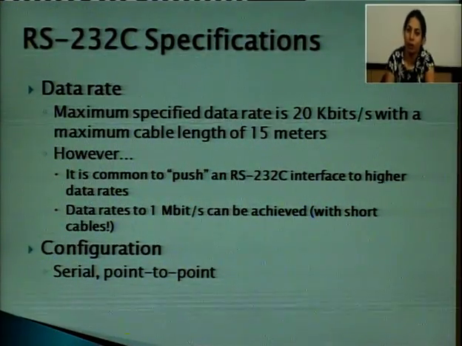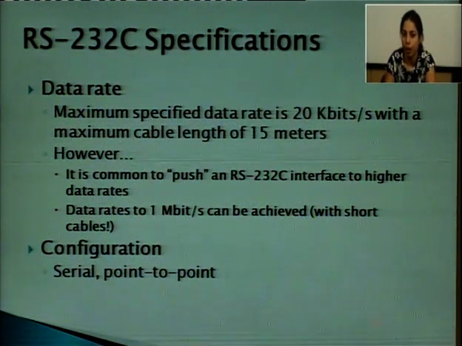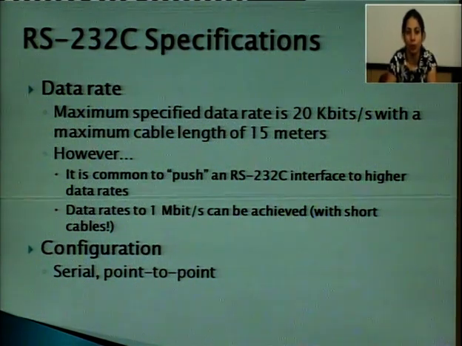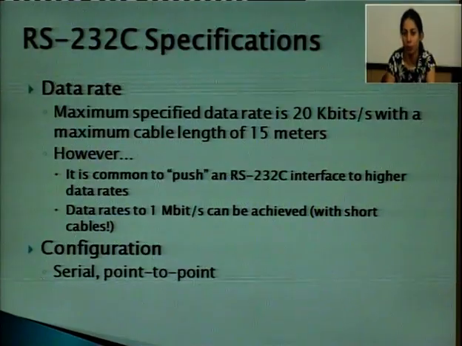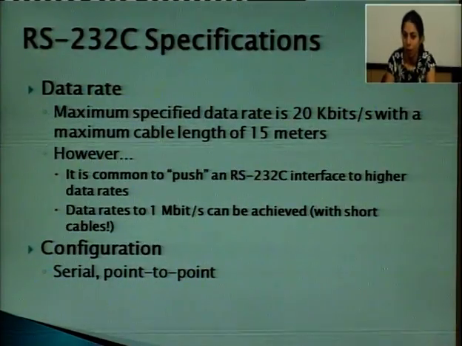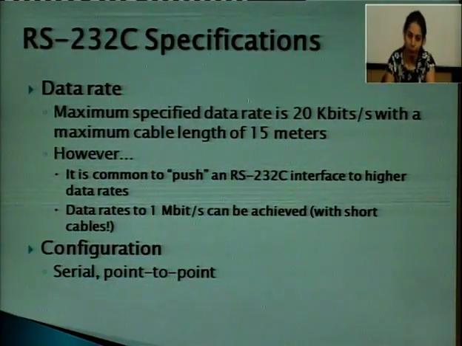However, it is common to push an RS-232 interface to higher data rates also, and these data rates can be extended up to 1 megabit per second, and this can be achieved by using very short cables.